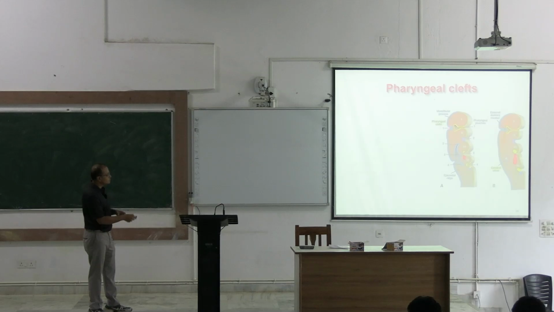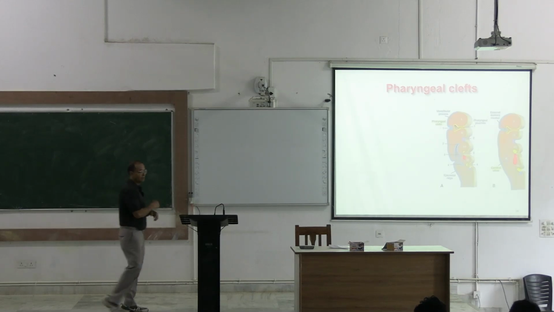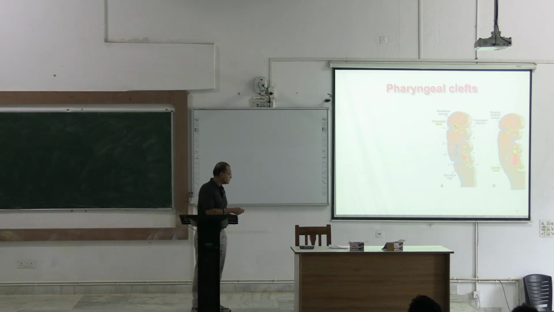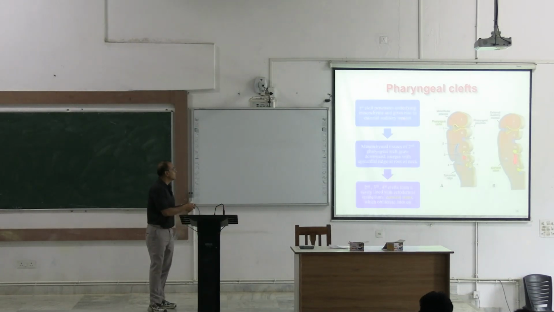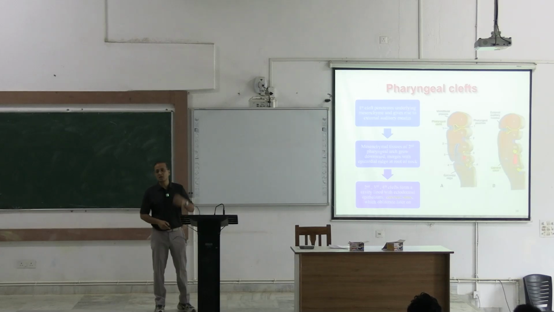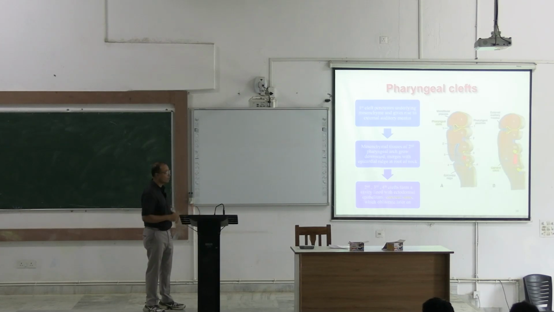In between is the tympanic membrane, formed between the middle ear and the external ear. So pharyngeal cleft number 1 forms the external acoustic meatus, or external auditory meatus. This is what you have to keep in mind about number 1.